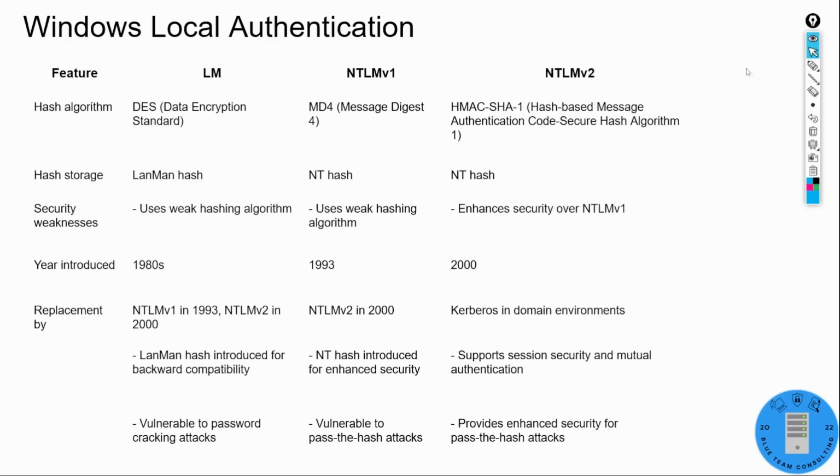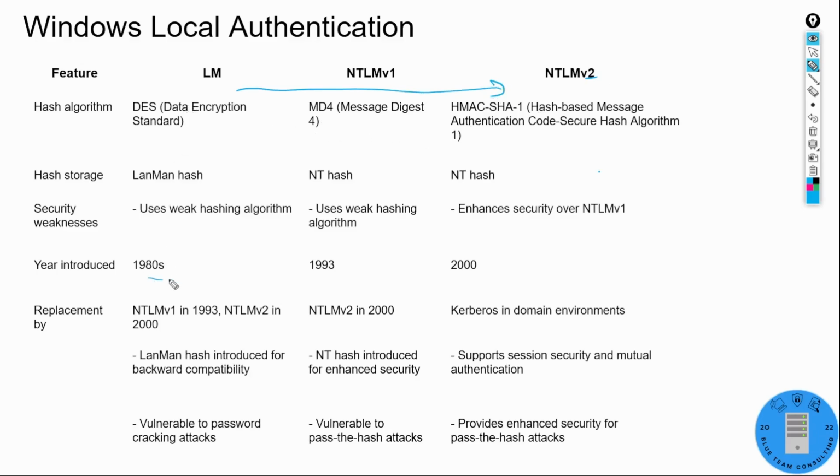Another slide covering Windows local authentication, just kind of showing the progression here as security has gotten better, hashing algorithms and mathematics have gotten better, starting with the LanMan hash, the LM, using a hash algorithm for the Data Encryption Standard, DES, and then the better version going from New Technology LanMan version 1 to New Technology LanMan version 2, just showing the progression of increased security.